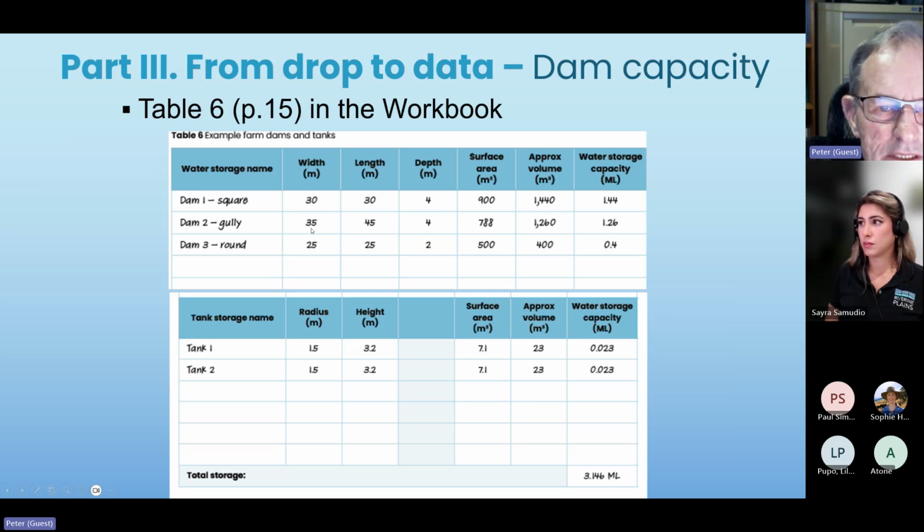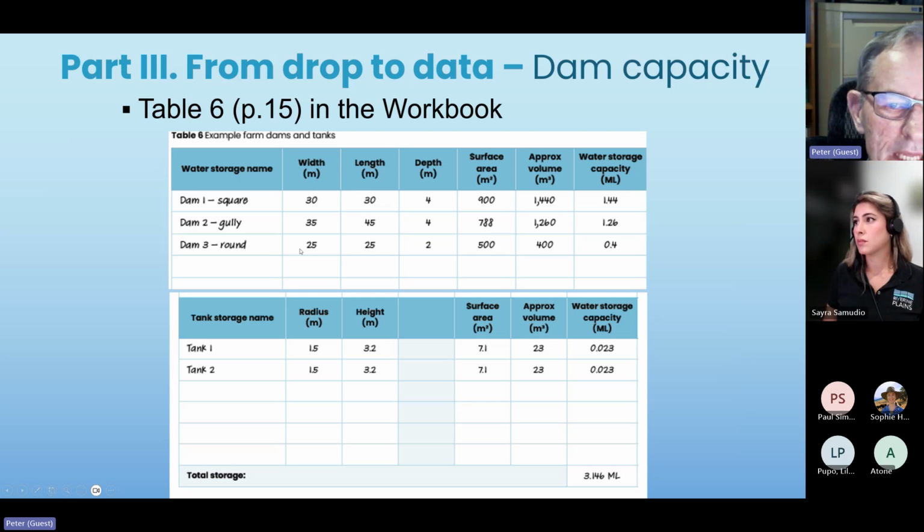But our surface area is this times this divided by 2 gives us 788 square metres. Then our volume is this times 4 times 0.4 to give us 1,260 cubic metres or 1.26 megalitres.